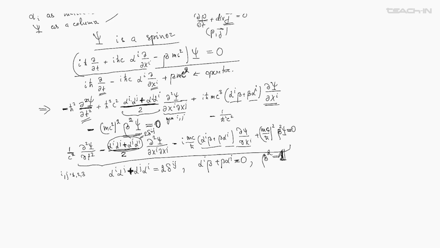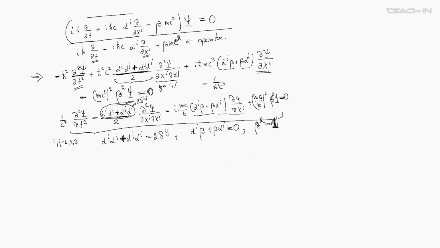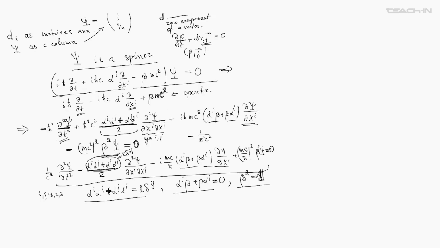These are requirements which Dirac imposed on these matrices to get the standard Klein-Gordon equation. If you get the Klein-Gordon equation, then you are guaranteed that any solution of this equation describes a psi, which is an n-component column where each component satisfies the standard Klein-Gordon equation.